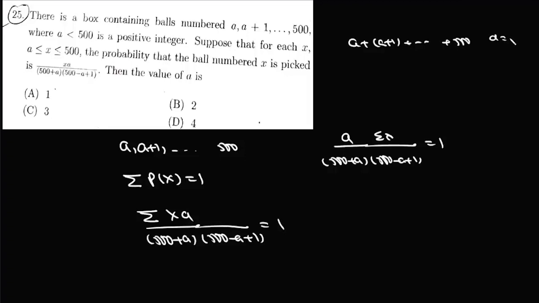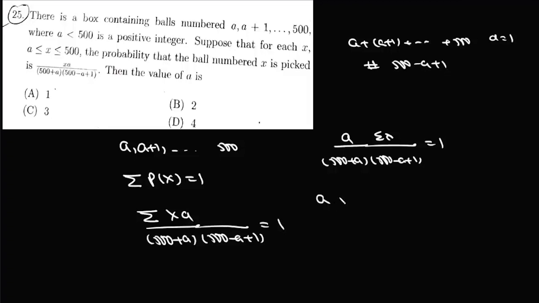Now we can take a upon 500 plus a, 500 minus a plus 1 out, and then it will be simply this summation x, and it is equal to 1. Now what is summation x? It is a plus 1 up to 500, which is an AP with common difference 1. Now the number of terms in an AP will be 500 minus a plus 1.